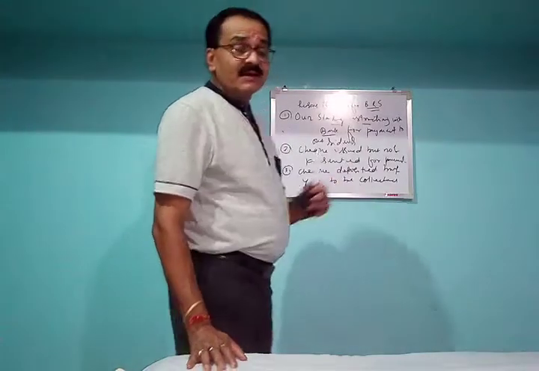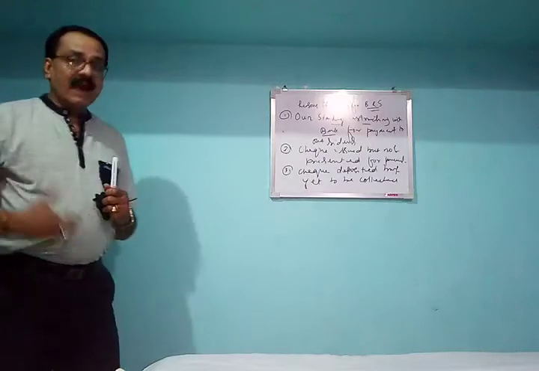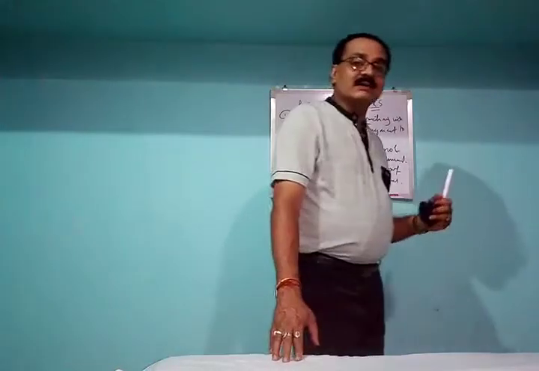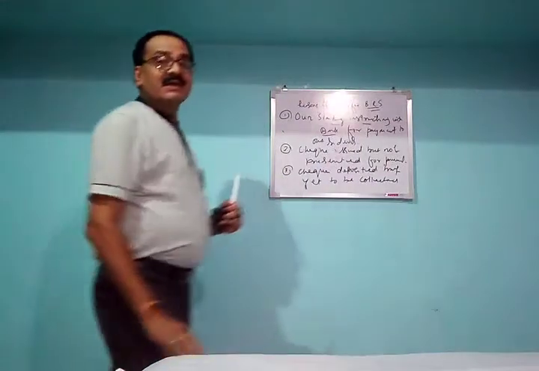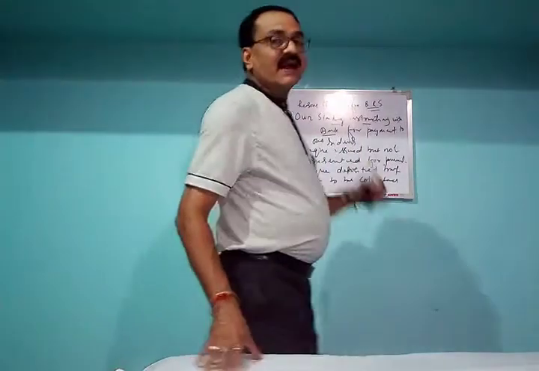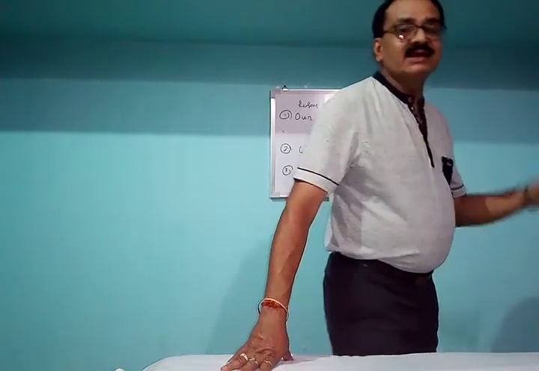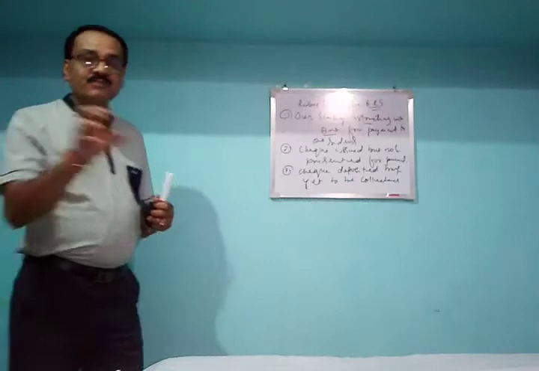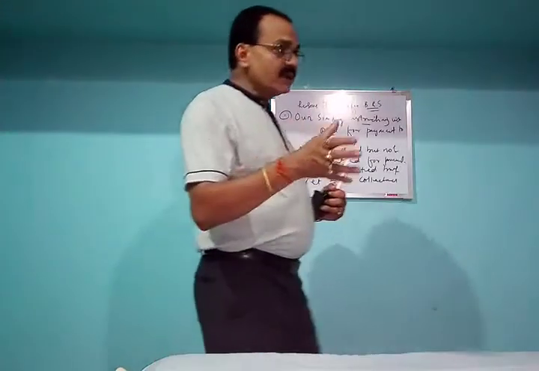But as soon as the check is deposited with the bank, it is the usual or habitual practice of the accountant that his balance with the bank is increased automatically. Because in the bank column, the amount is to be added in our cash book.